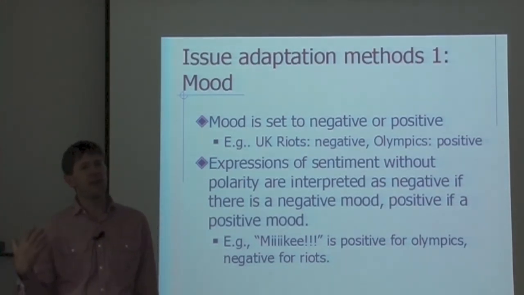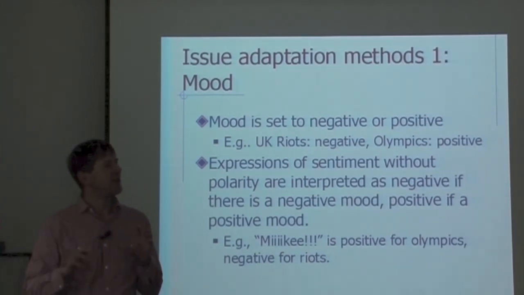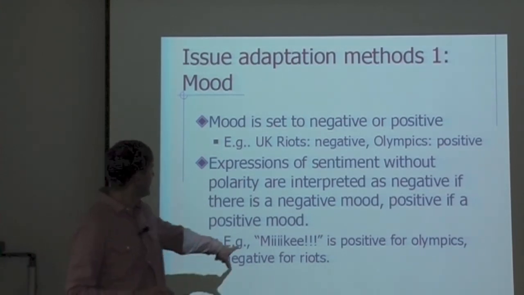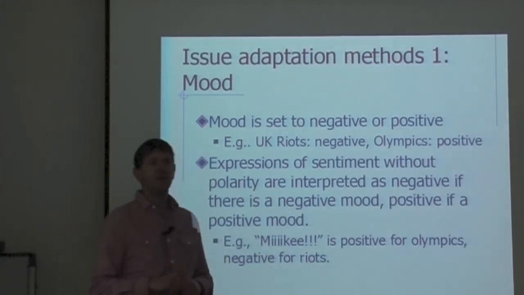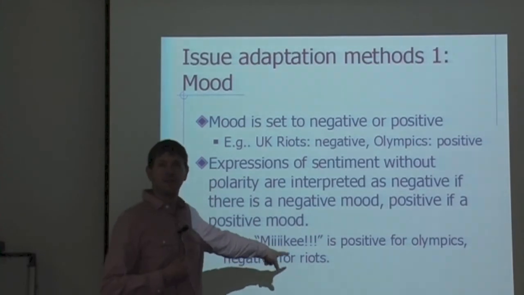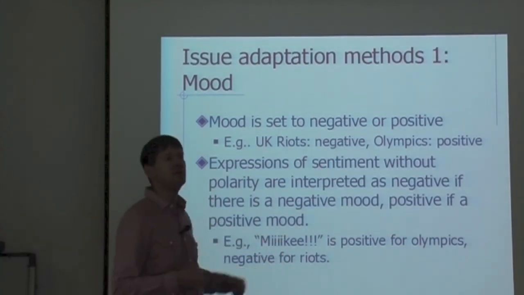If you set the mood to be negative, what that means is if SentiStrength detects that there's sentiment in a sentence, but there's no clue about whether the sentence is positive or negative, then it'll assume it's negative if the mood is negative, and it'll assume it's positive if the mood is positive. So, for example, Mike with the extra eyes would be positive normally, but if you set the mood to be negative, then this will be interpreted as negative. So this will be shouting Mike if you set the mood to be negative.